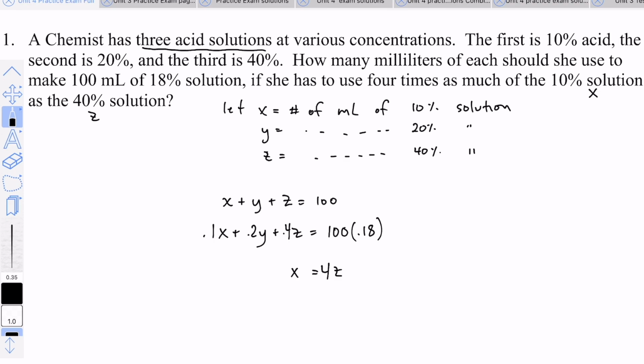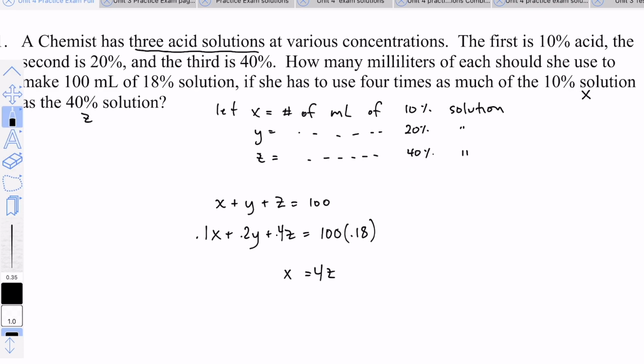Now, to solve this, I'm going to go ahead and multiply right here. 100 times 0.18 is 18, and then I'm going to subtract the 4z and get this equal to 0.